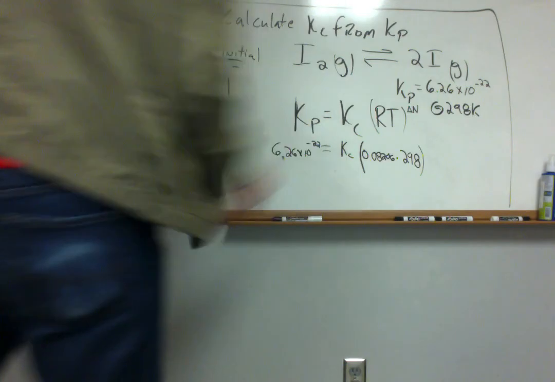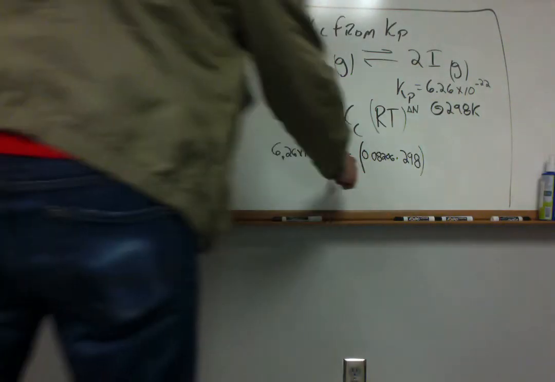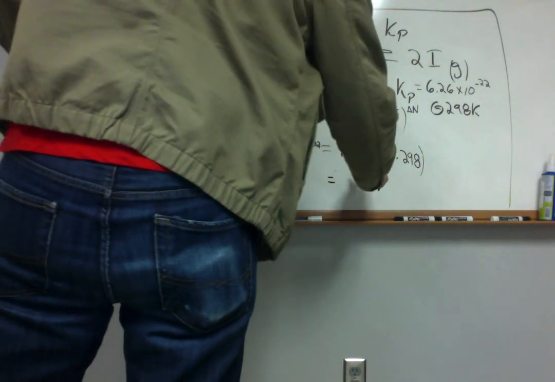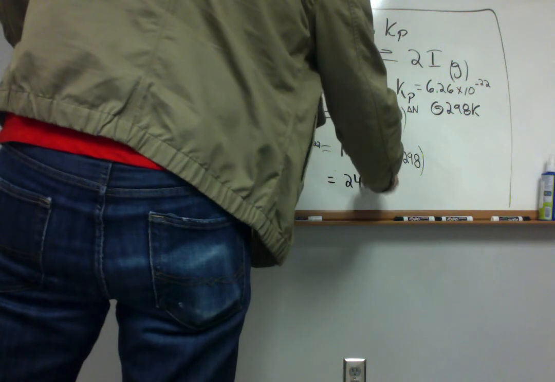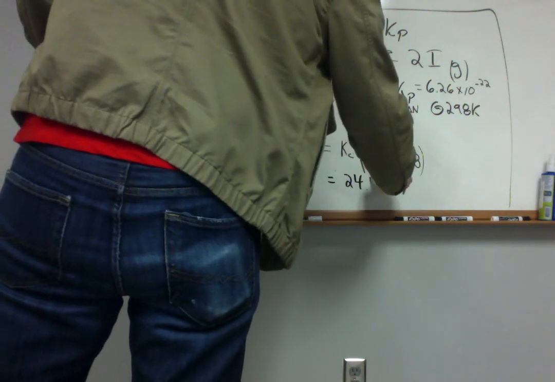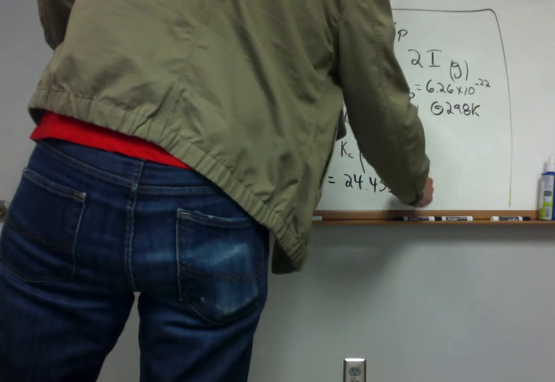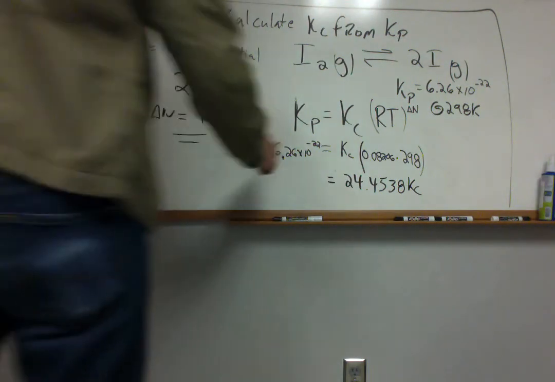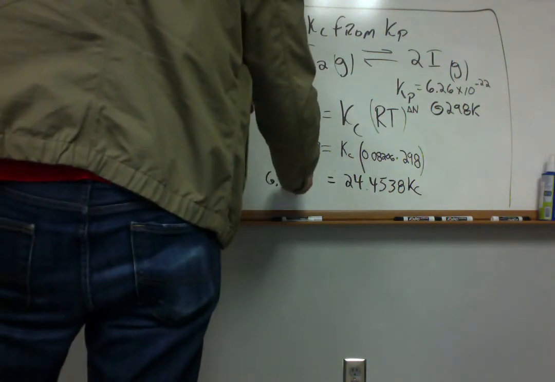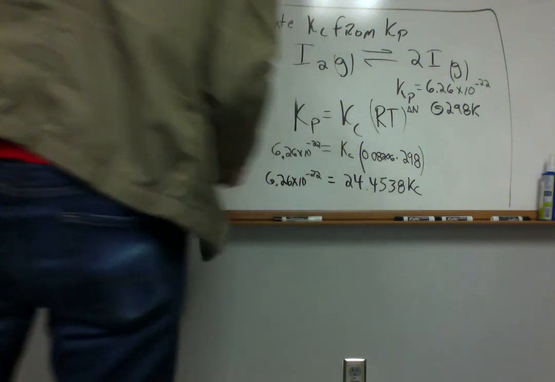So now that I've computed delta N successfully, I can go ahead and do my math. If I do that, and I multiply these two numbers, that product is a little over 24, 24.4538. Multiplied times Kc is equal to my Kp, 6.26 times 10 to the minus 22.